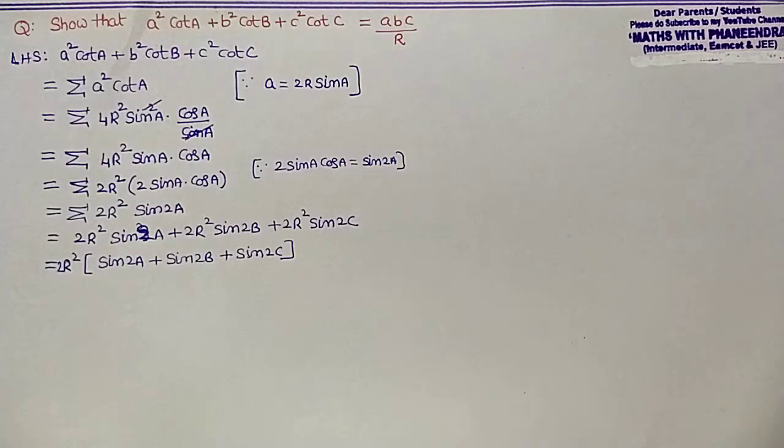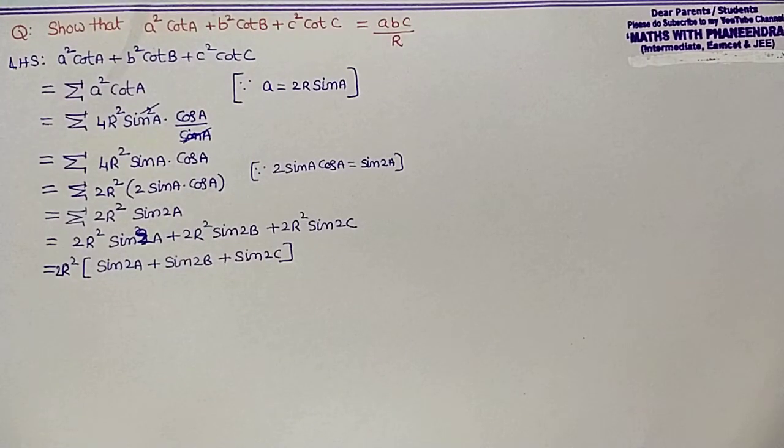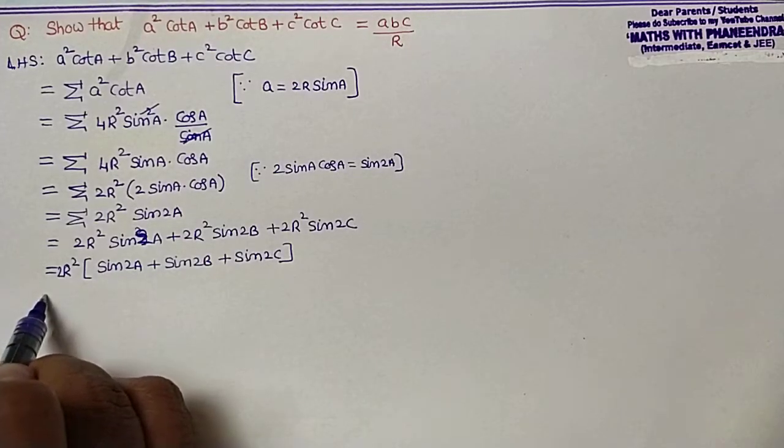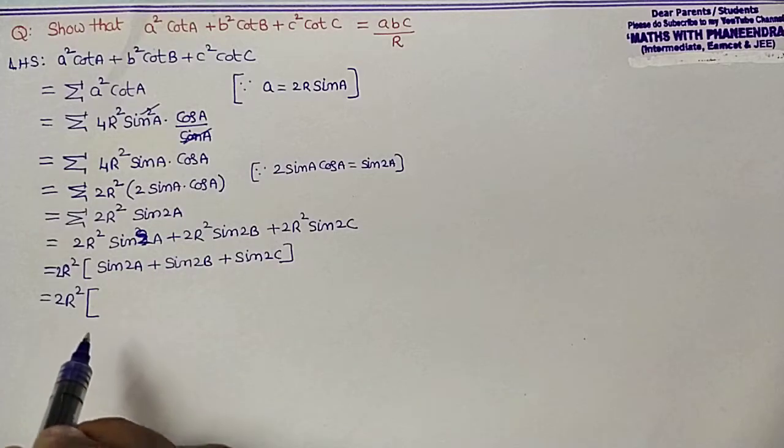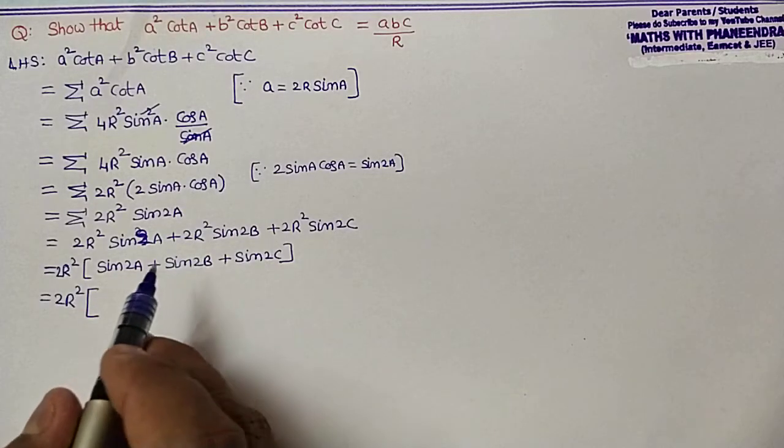From transformations, we know the value of sin 2A plus sin 2B plus sin 2C equal to 4 sin A sin B sin C. But we cannot write directly. Why? Because sometimes this question they are asking for 7 marks. We have to do those transformations for this. So 2R square into, for the first two terms I am applying the sin C plus sin D formula.